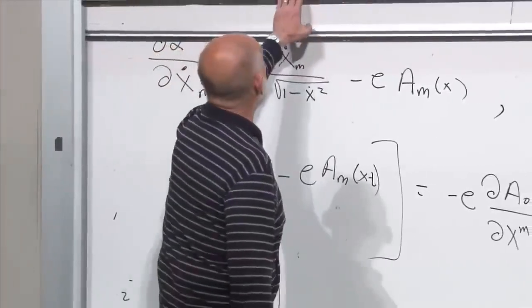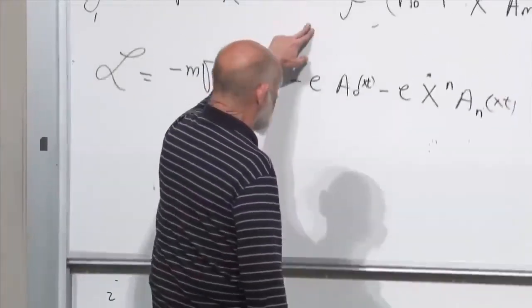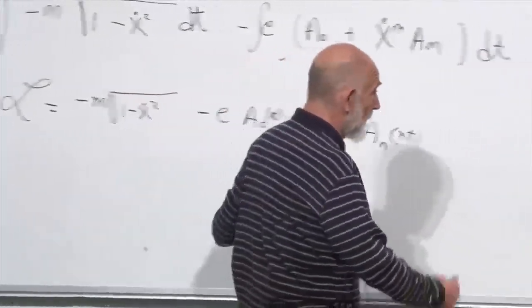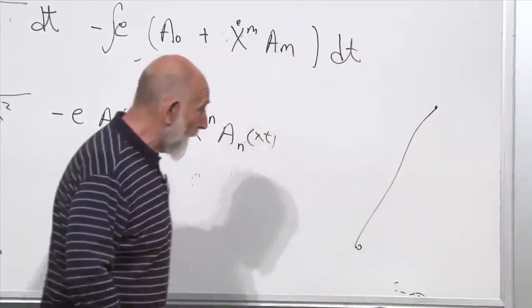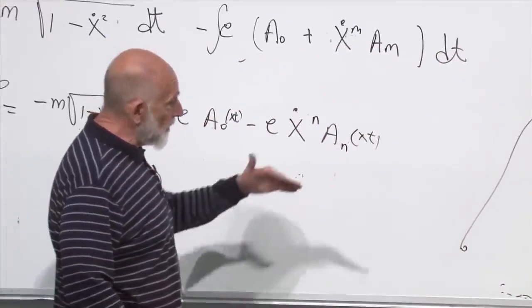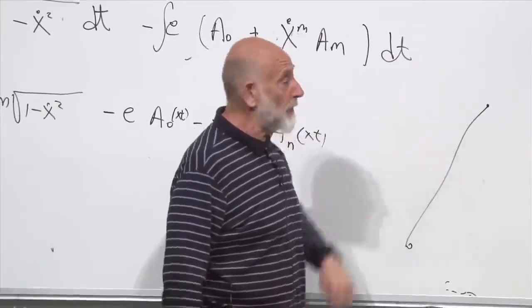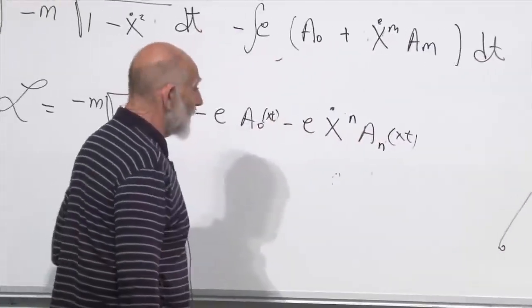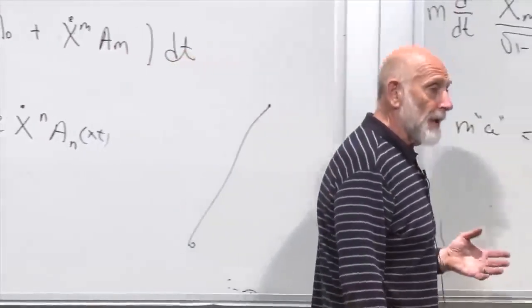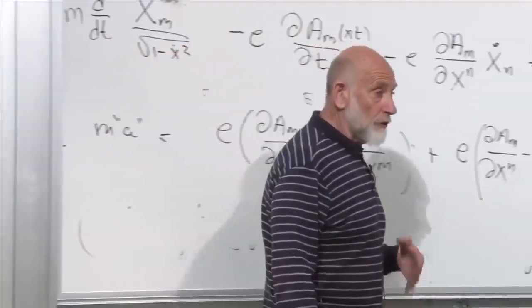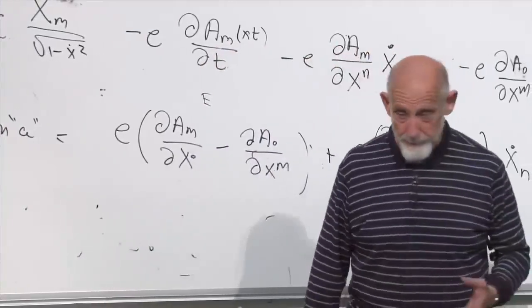First of all, the action is an integral along the trajectory. That's a rule that up till now we've respected, that the action is to be thought of as little incremental pieces. And the other rule is simply that it should be a scalar, composed out of scalars.